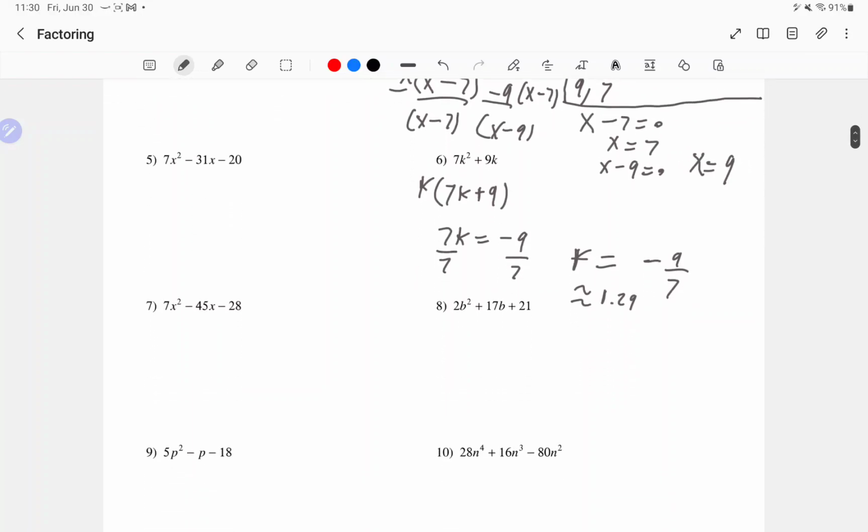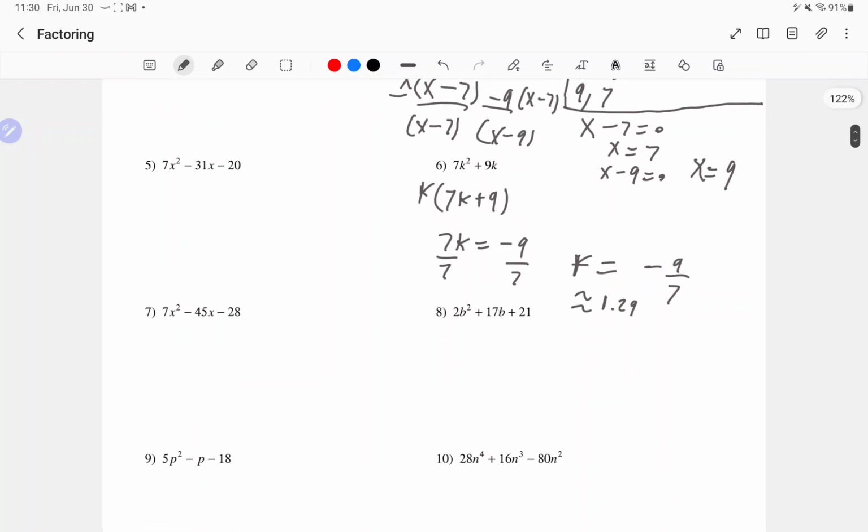But these ones, you have to actually split this into something that will add to 17 but can also be divided by this. So in this case, I can just go 2b squared plus 14b, right, plus 3b, right, plus 21. Wow, that's crazy.